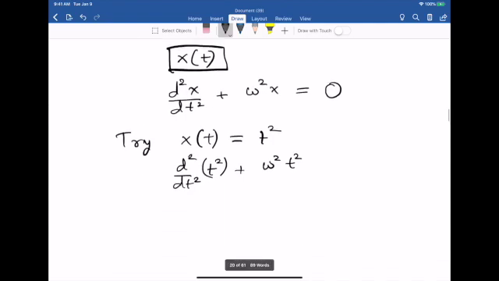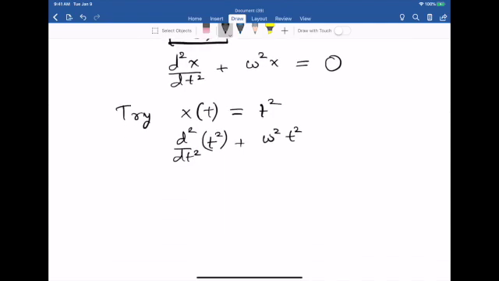Let's see if that gives us 0. So the first derivative of t squared is 2t, the second derivative of t squared is just 2, right? Plus omega squared times x, which is just t squared. Is that always guaranteed to be 0? Absolutely not. I mean, it might be 0. Will it ever be 0? No, it will never be 0 because t squared cannot be negative. So this won't work at all, as you can see.